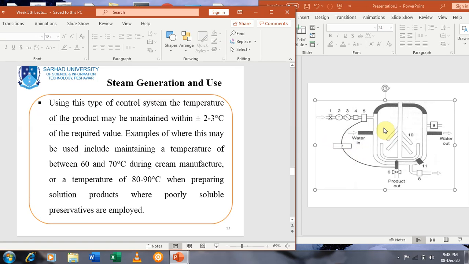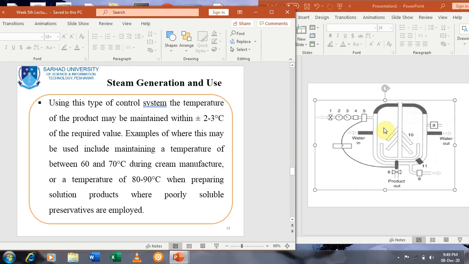Using this type of control system, the temperature of the product may be maintained within plus or minus 2 to 3 degrees centigrade of the required value. Suppose we have to heat it up to 70 degrees centigrade.